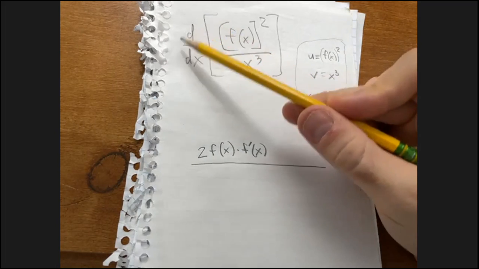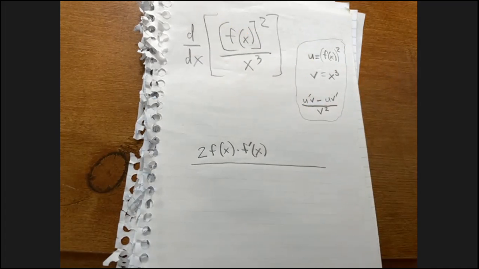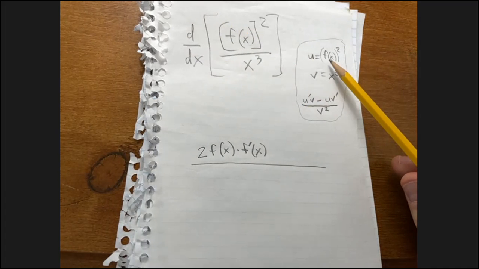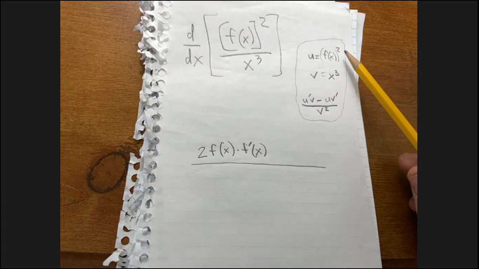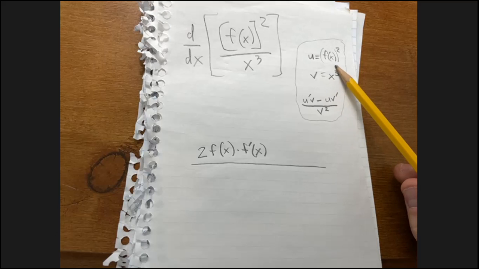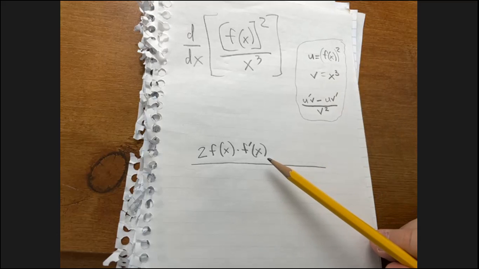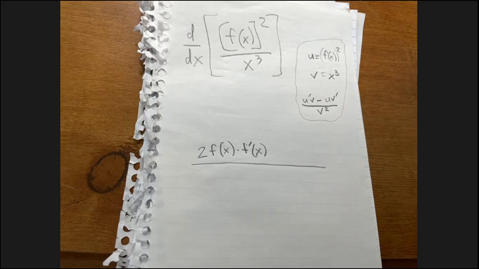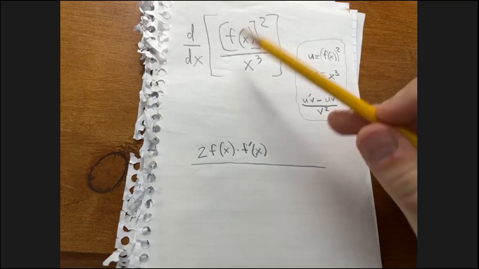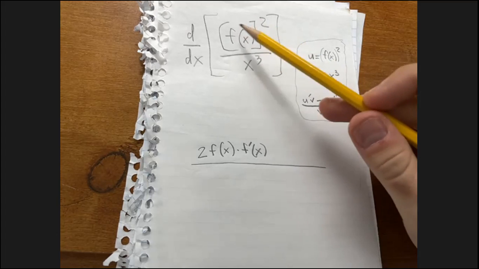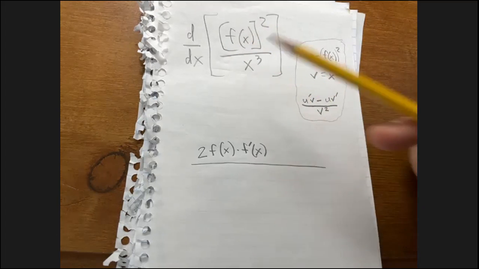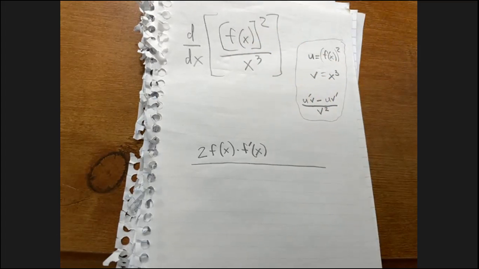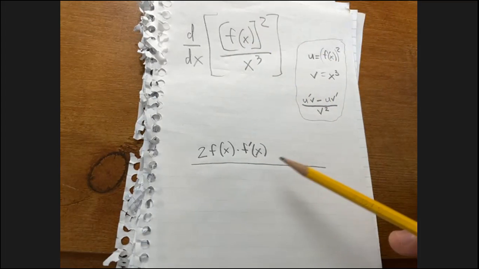The derivative of u, whatever some function squared, is 2 times whatever that function is, times the derivative of that function. That's basically just the chain rule at work. And I don't want you to freak out because it's not a variable there. Just because it's written as f of x, that's okay. You can write things that way. And so this is the proper thing for u prime.